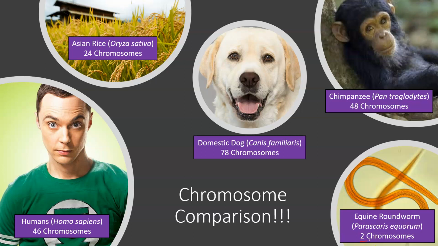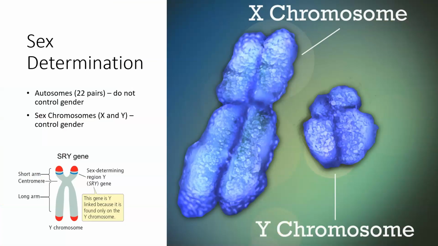Okay, so you might look at this and say, well, there is a variety of chromosomes. We've got organisms on the planet that have as little as maybe 1 or 2 chromosomes, as indicated by this parasite. We have maybe organisms on the planet that have as many as 78. Can we draw any kind of conclusions from this?